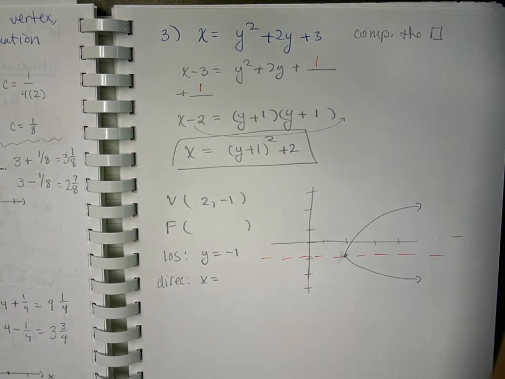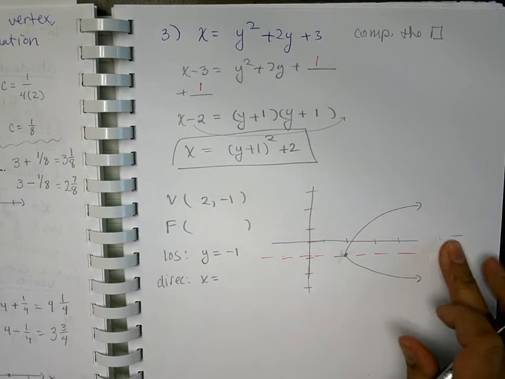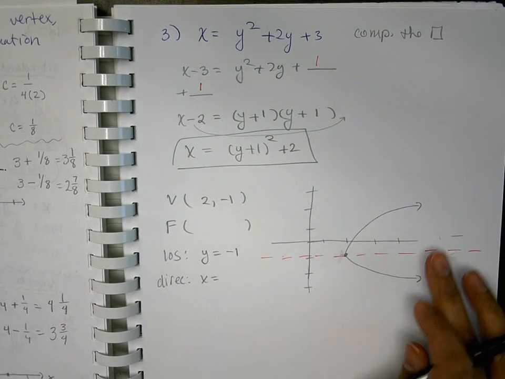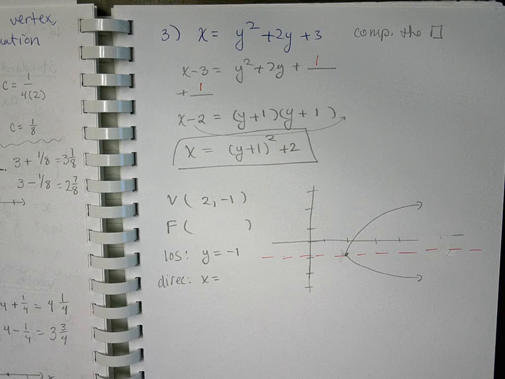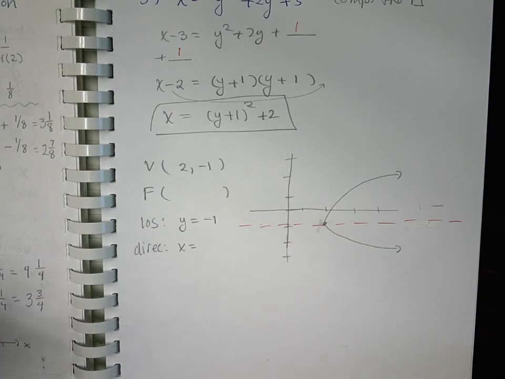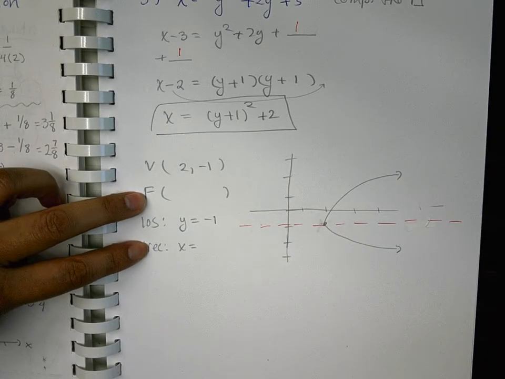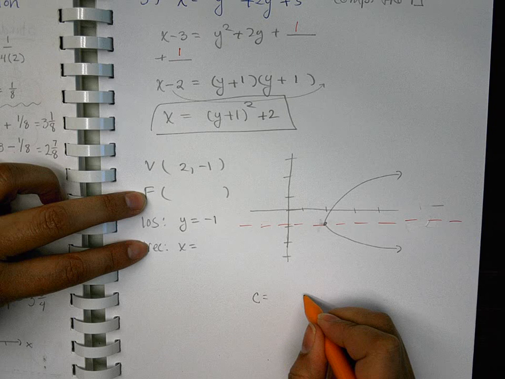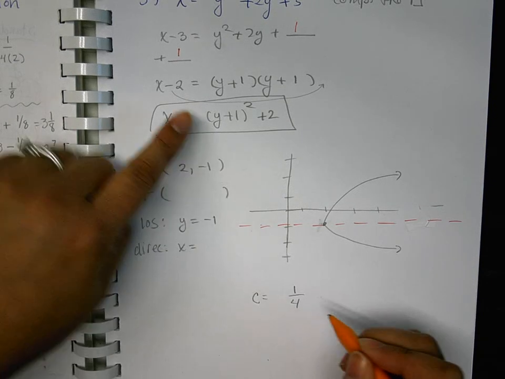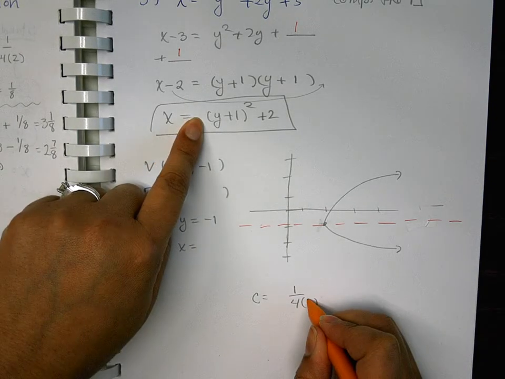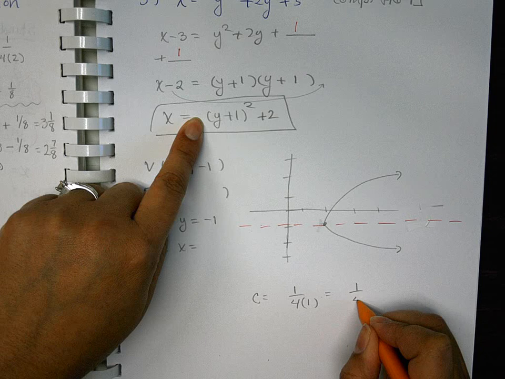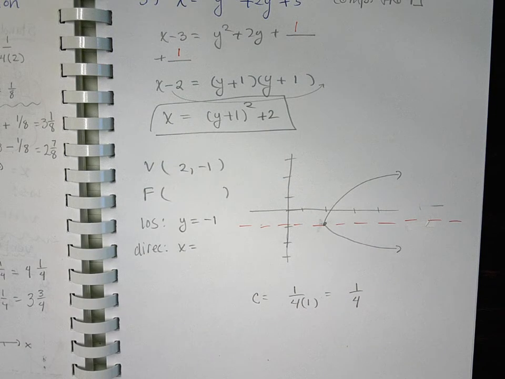All right, so let's get this in. And we're ready for these two. In order to find these two, I need to first find the what? 1/4 times, what's a in this case? So 1/4, yes or no? Okay, I'm nervous about time, I apologize.